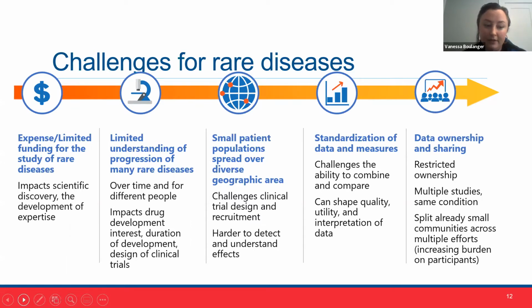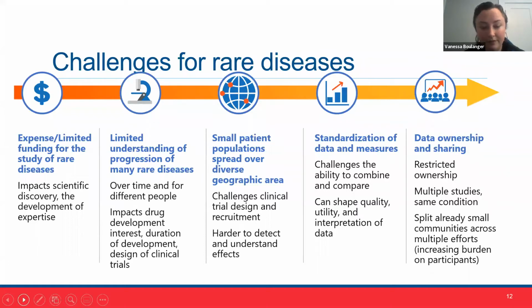There's often limited understanding of the progression of a disease, so we're really building the foundational research for these conditions as we're trying to learn about them and do drug discovery work. And not only is there limited information about the identification of conditions, but also about how these conditions evolve or progress over time and across different subsections of the population as well.